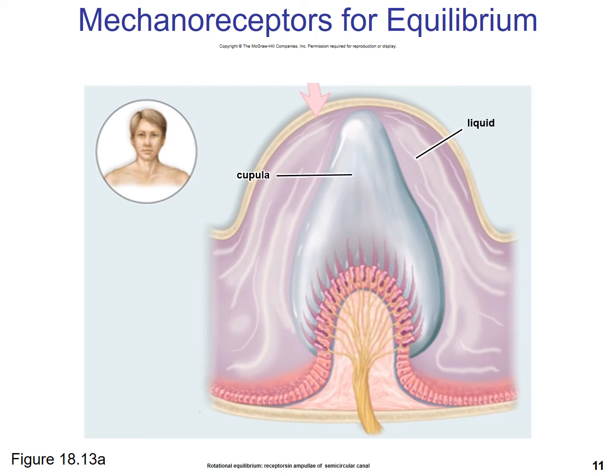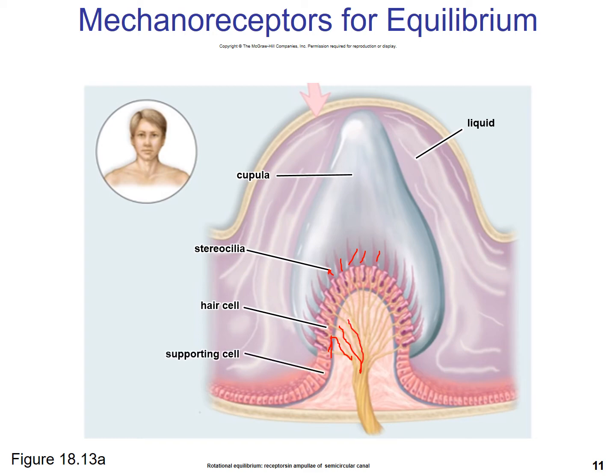So when that liquid flows, the cupula is going to bend, and that's going to bend the stereocilia like here and here and here. Okay, so these stereocilia get bent back and forth. And what that's going to do is actually stimulate the hair cells, which are then going to stimulate this, as with hearing, and you're going to see transmission of action potentials, in this case to the vestibular nerve.